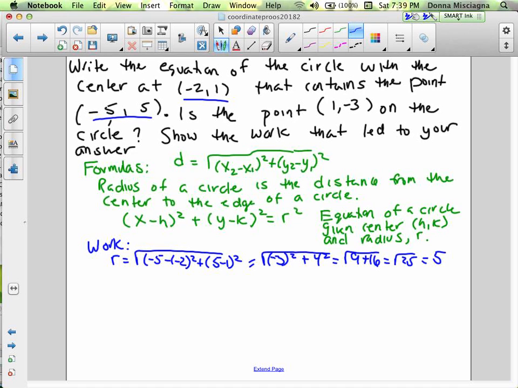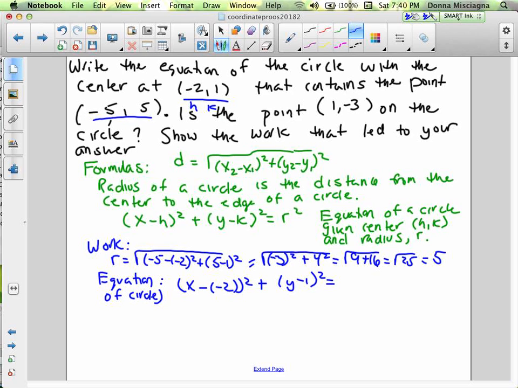So for the equation of the circle, we're just going to plug in the center for h, k and the radius for r, and that's all we need to do. Because there's an infinite number of points on that circle, that's why we have to keep the x, y. So this would be x minus -2 squared plus y minus 1 squared.